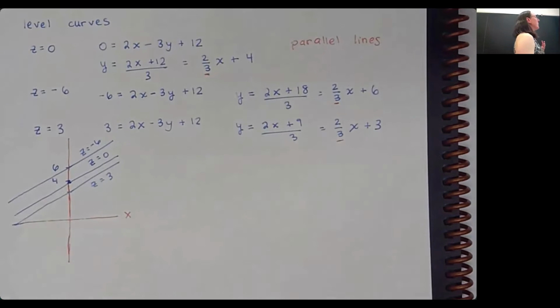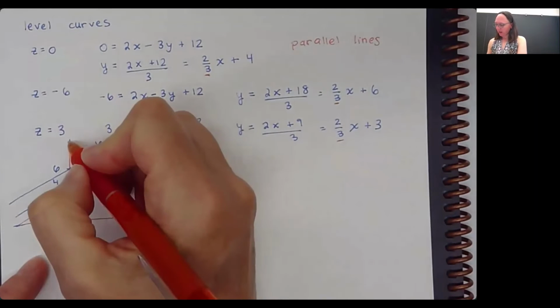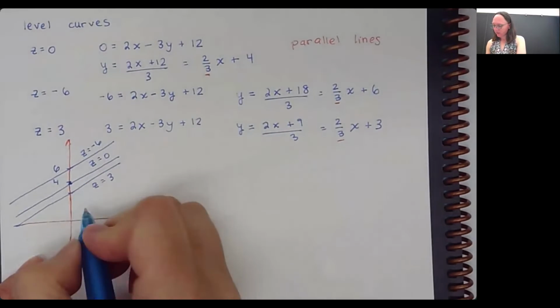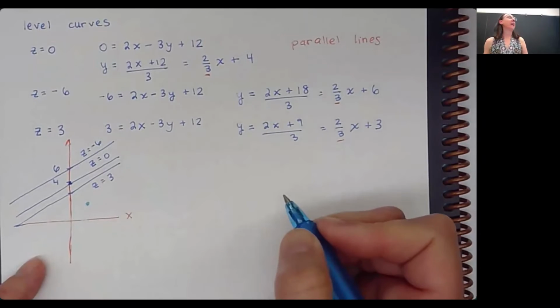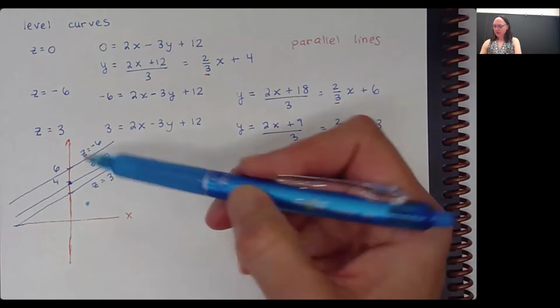One of the ways to interpret these level curves is if I imagine that I'm standing at a point right here, and I move in the direction of the y-axis.